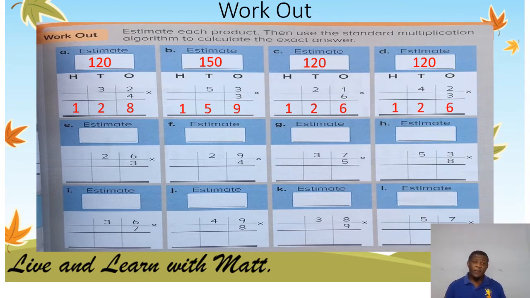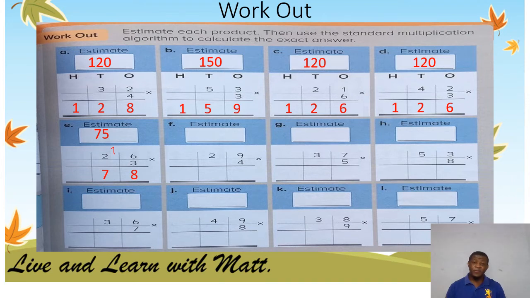Part E, our estimate will be 3 times 25, and that'll give us 75. Now 3 times 6 is 18, I beg your pardon. Write 8, carry 1 forward. 3 times 2 is 6 plus 1, 7. So we have 78.